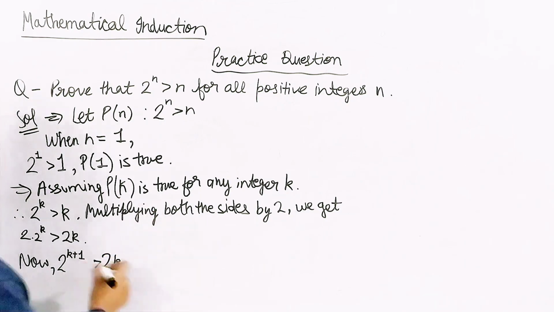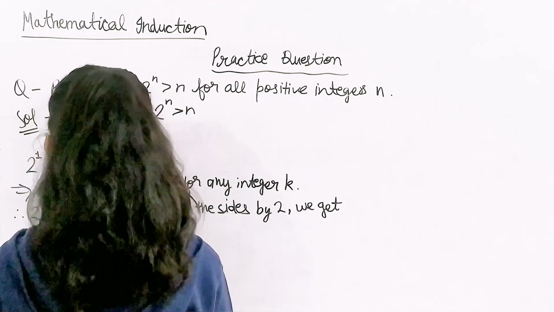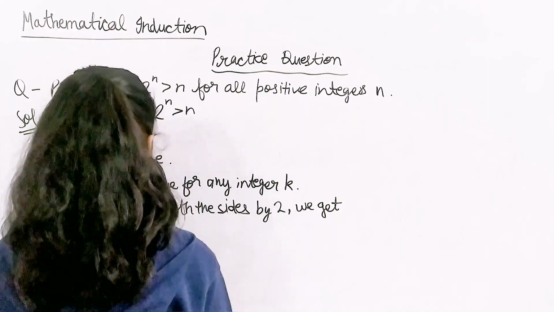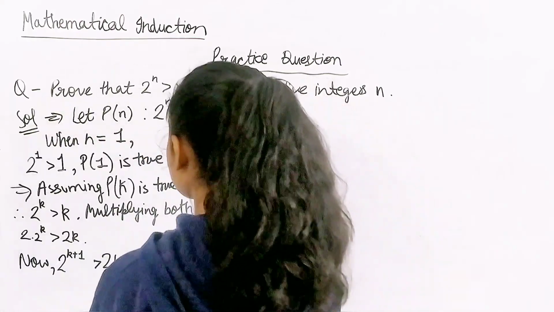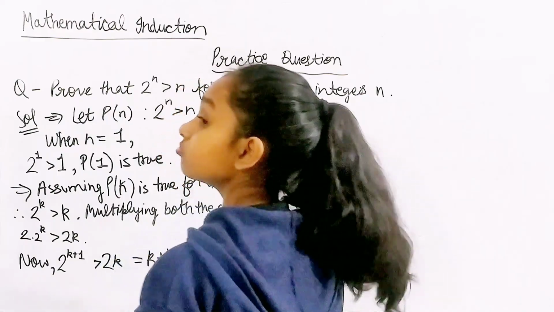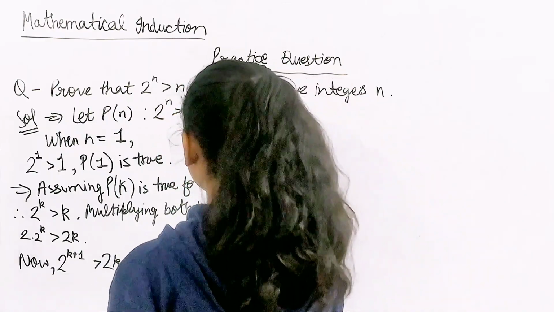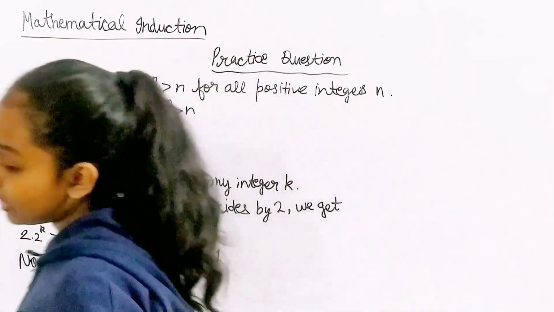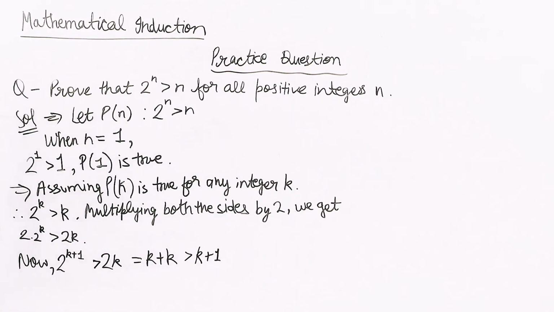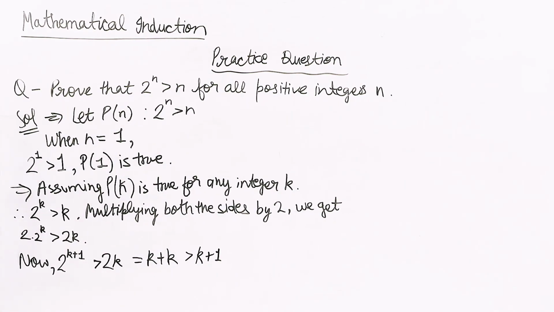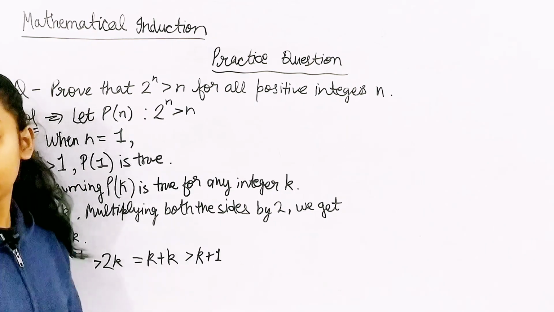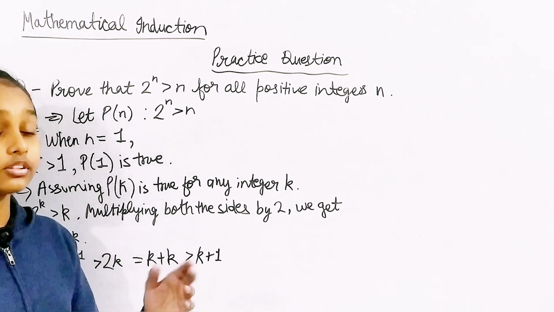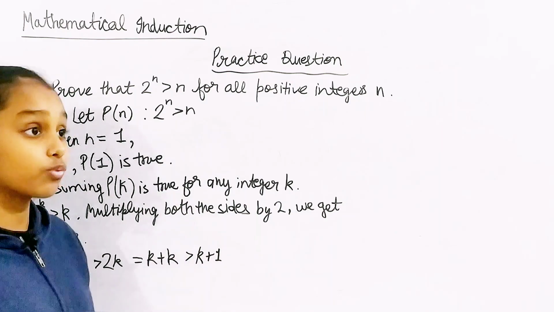So what are we going to get? It's really simple. So it has become k plus k, and k plus k is greater than, what is it? k plus 1, isn't it? Okay, so k plus k is greater than k plus 1.